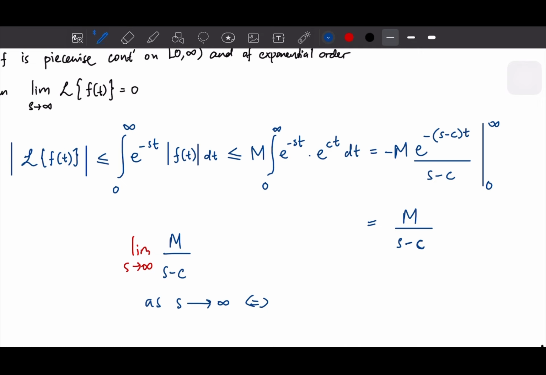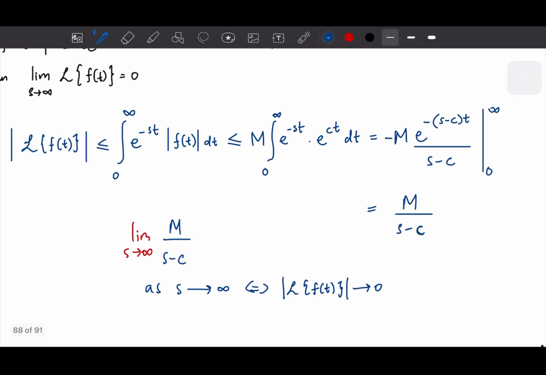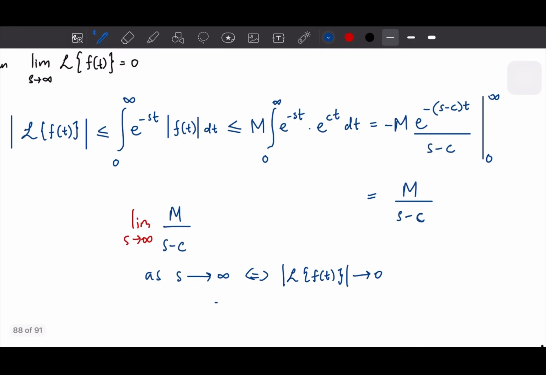Because of 1 over infinity. So the Laplace transform of f of t will get to 0. And thus the limit as s goes to infinity of the Laplace transform will be equal to 0.